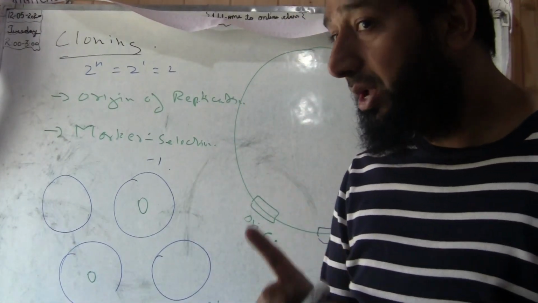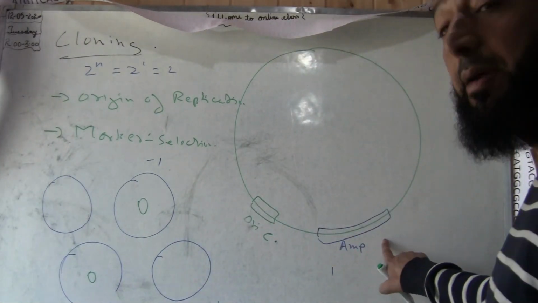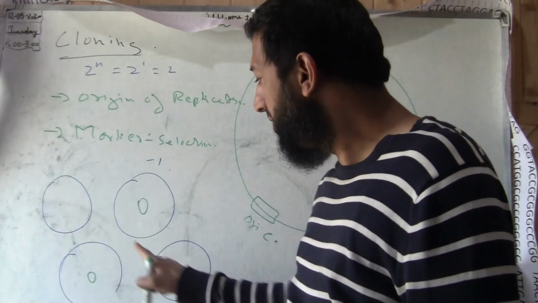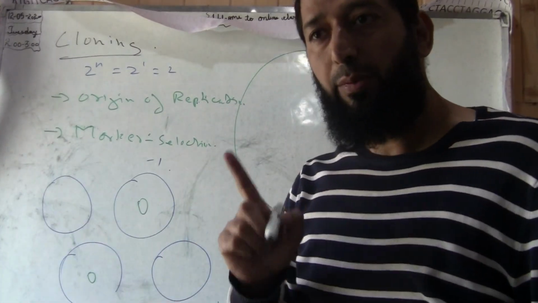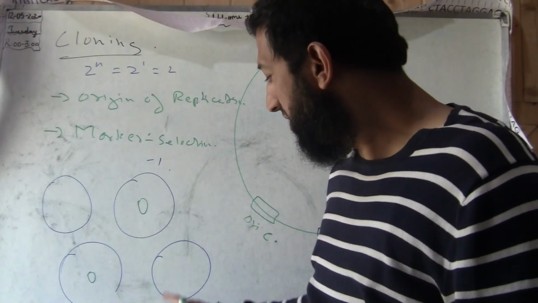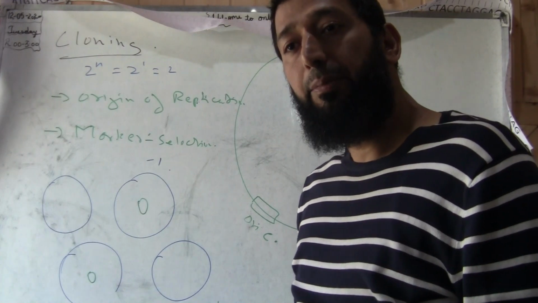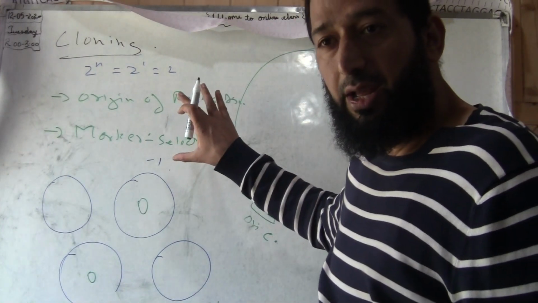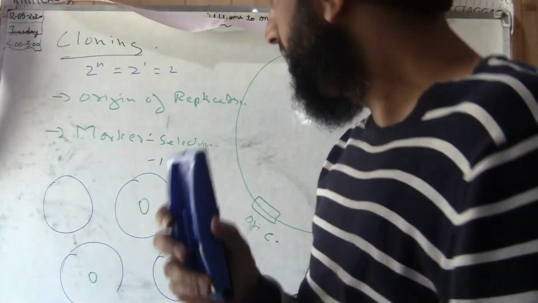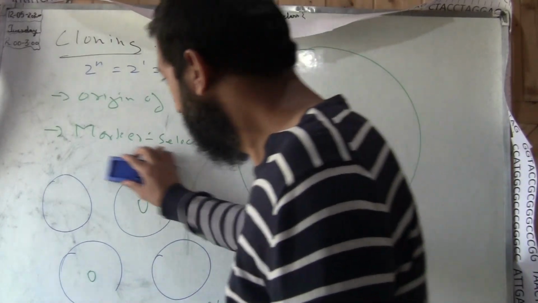Why? Because they have this vector, and the vector has ampicillin resistance gene. These other E. coli cells will not be able to make colonies because they do not have resistance against ampicillin. Because we have put ampicillin antibiotic in the medium as a selection marker. So the second important attribute of a vector is that it should have a marker for selection.